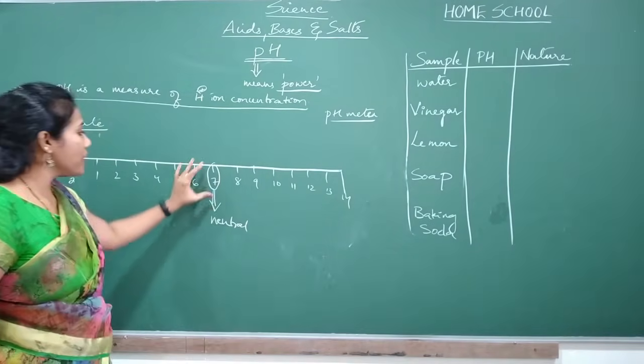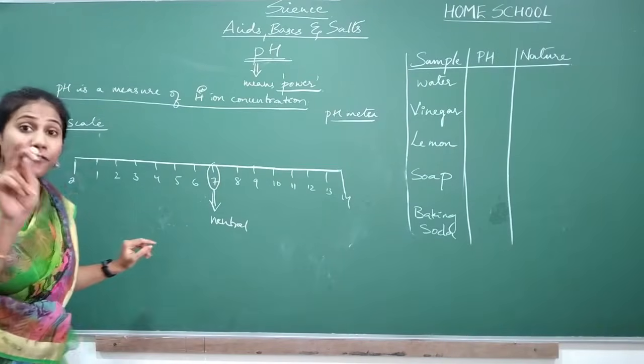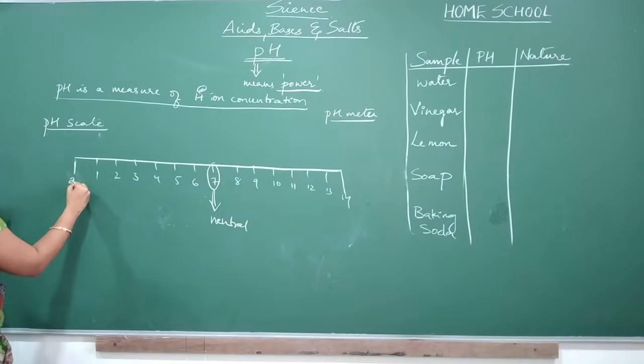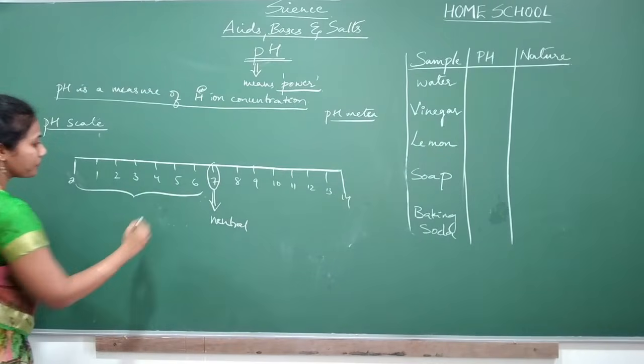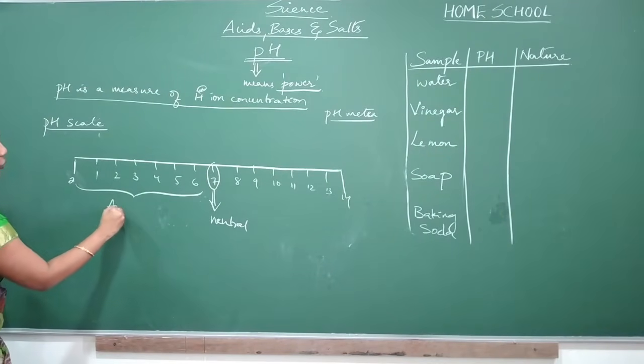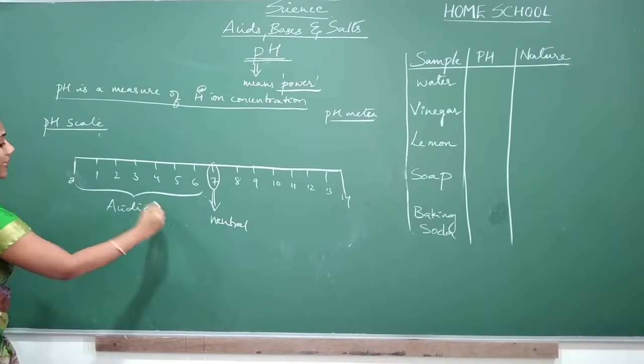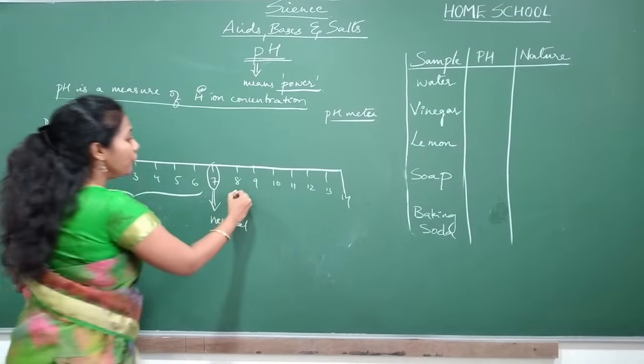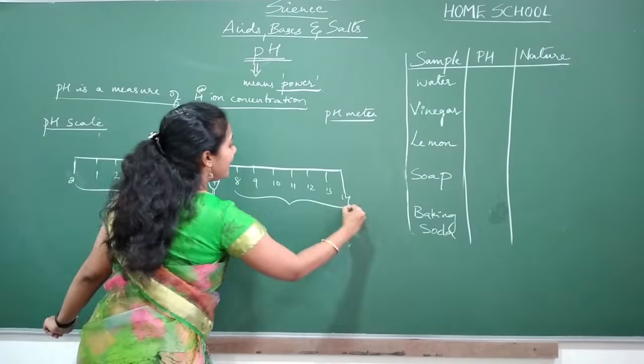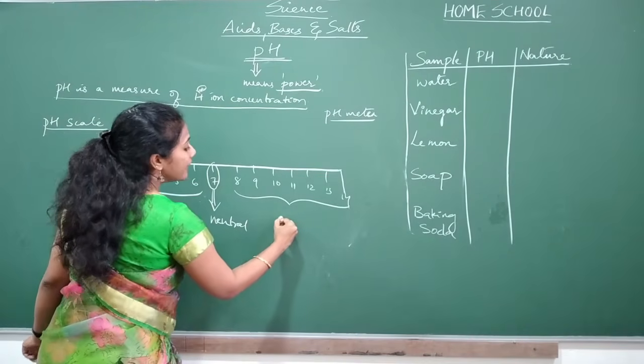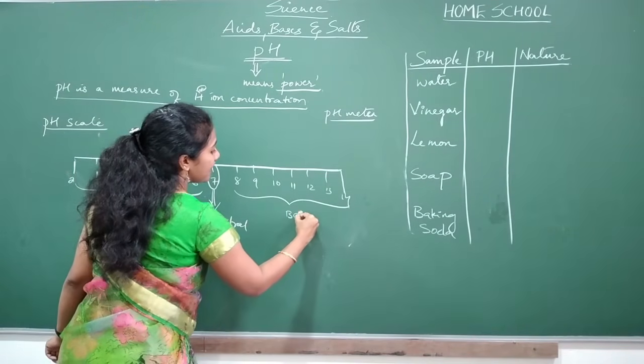And if you get a number from 0 to 6, then it means the solution is acidic. And if you get numbers between 8 to 14, then the solution is basic.